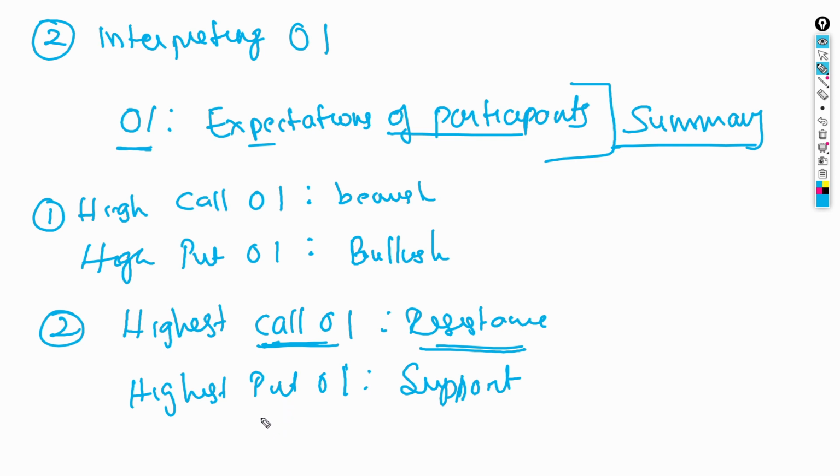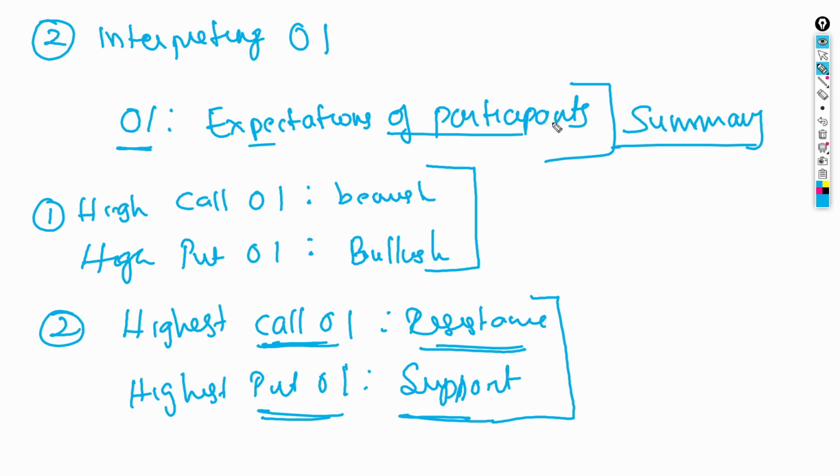And whichever strike price has the highest put OI, that is likely to be the support for the market in the shorter run, or at least till the expiry. So the first thing is regarding the market sentiment, and the second thing is regarding the support and resistance in the market.